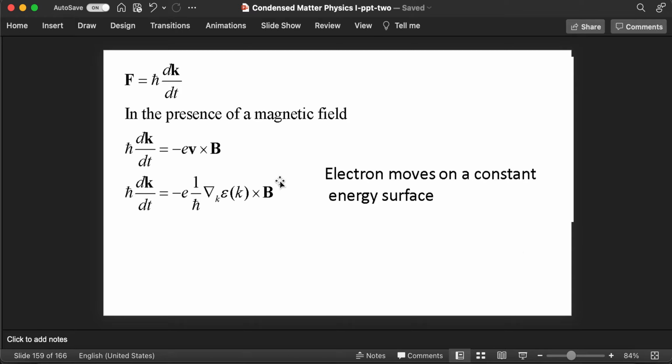Now we can do some dynamics with this. So given this expression for the force, that is the force corresponding to a magnetic field or an electric field. Now we just saw that when there is a magnetic field present, the electron moves on a constant energy surface.